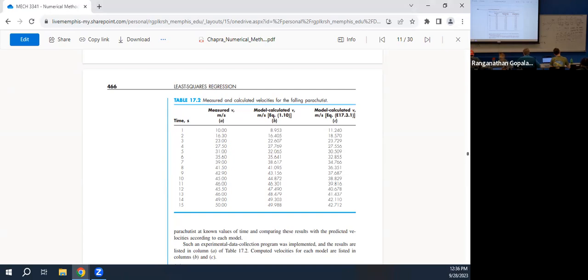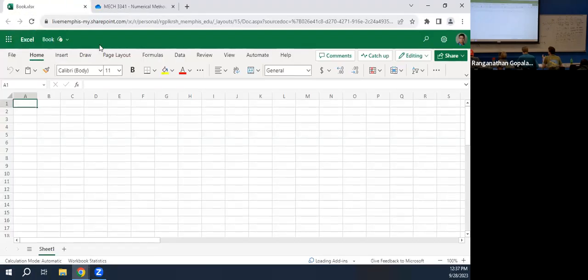So now let's attempt an example. If you're trying this on Excel, type in the values for the first 5 entries and we'll recheck the numbers using Excel.